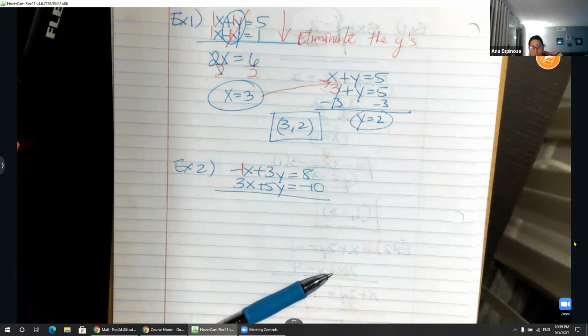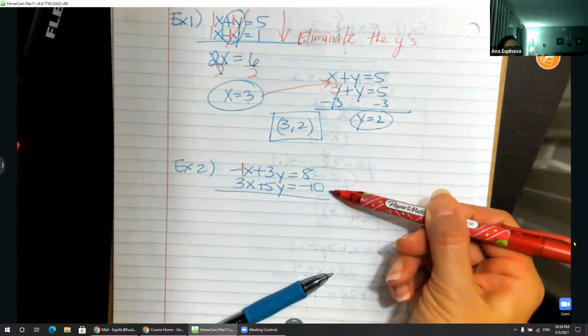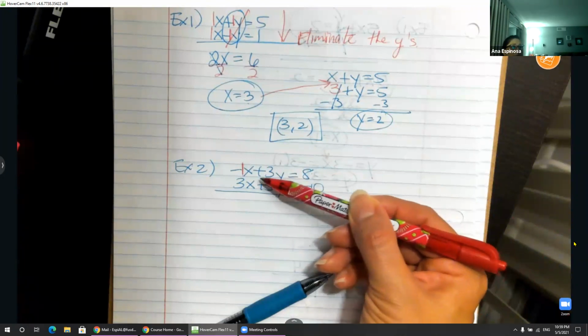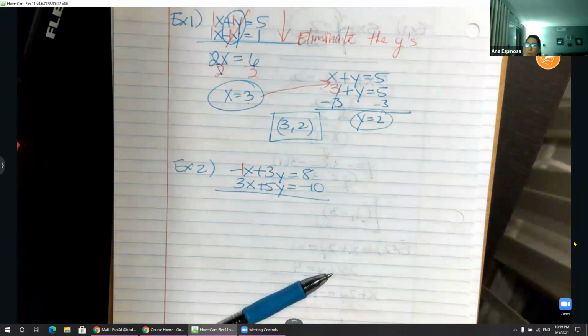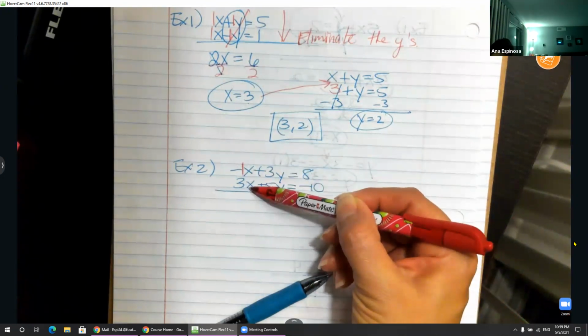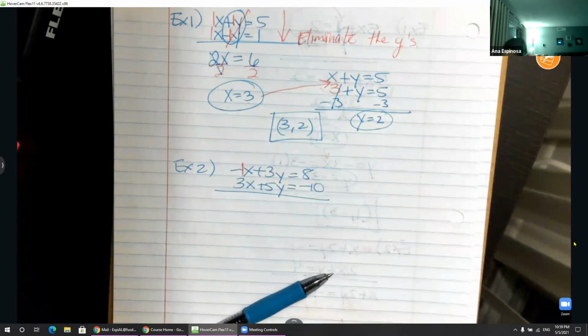So if I wanted to cancel my y's, I'd have to multiply this by 5 and this one by a -3. That way this becomes a -15 and this becomes a +15. So that requires multiplying 2 equations. However, if I decided to cancel my x's, they're already opposite signs. And this is a 1.